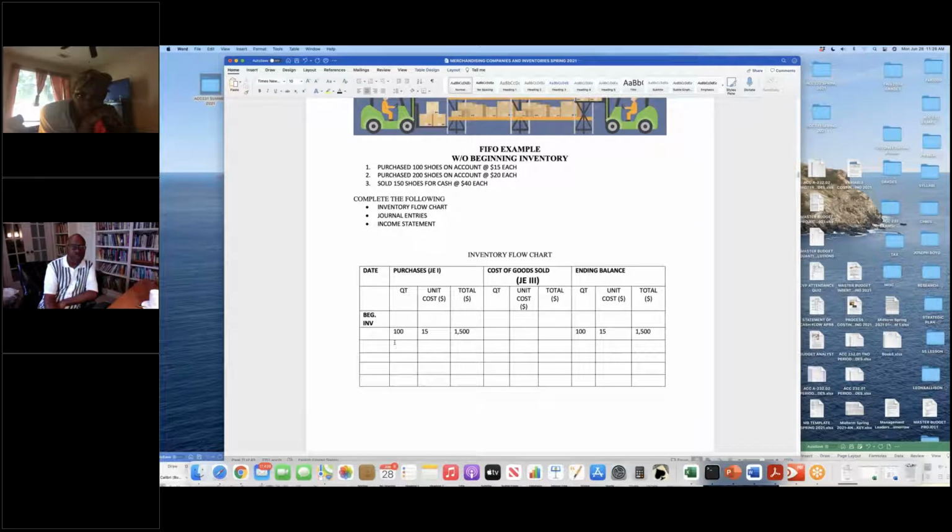Here we have 200 pairs of shoes. They cost $20 each, and so that's $4,000. And now we're going to transfer these to our ending balance.